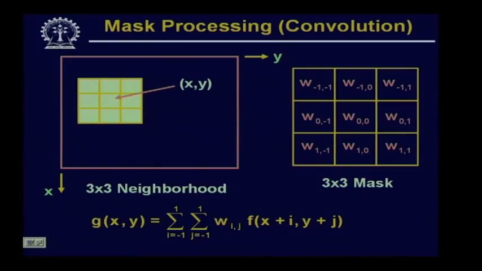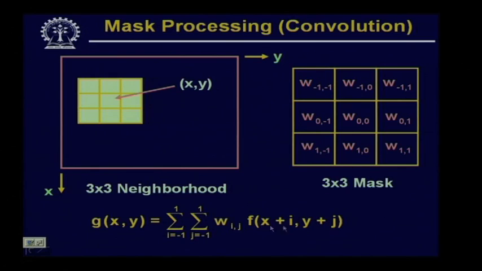Now, so far you must have noticed that the mask operations, or the spatial domain operations using masks that we have done, are nothing but a convolution operation in 2 dimensions. We have the original image f x y, and we define a mask corresponding to the type of operation that we want to perform on the original image f x y.